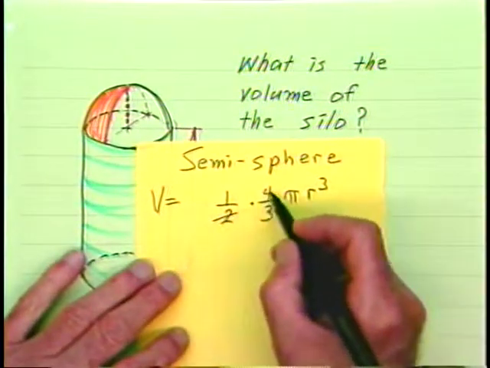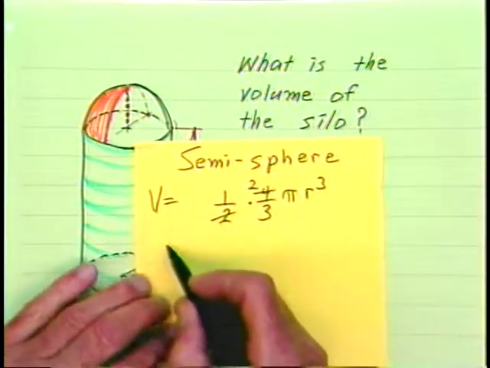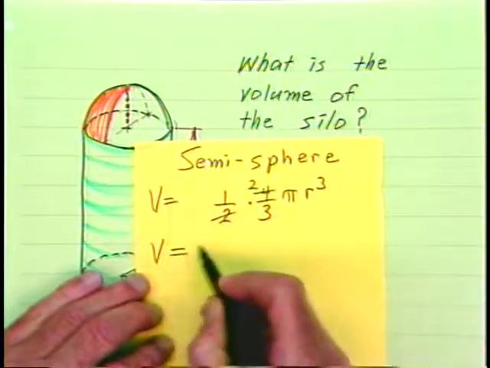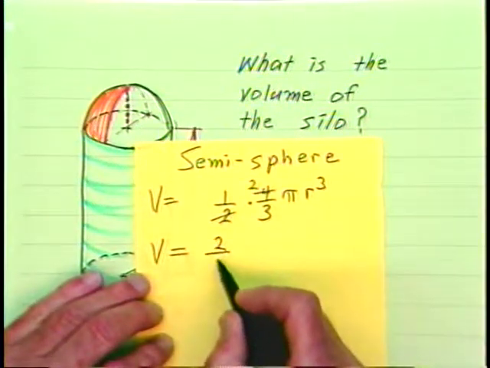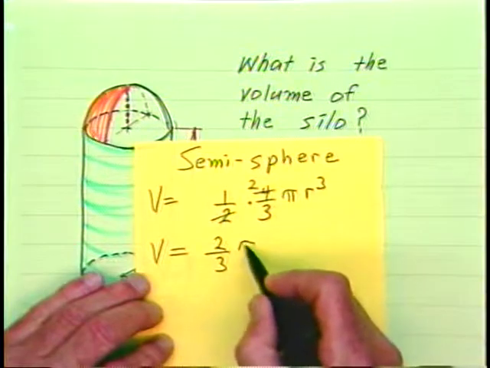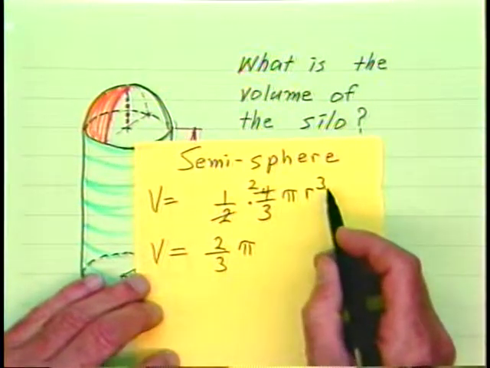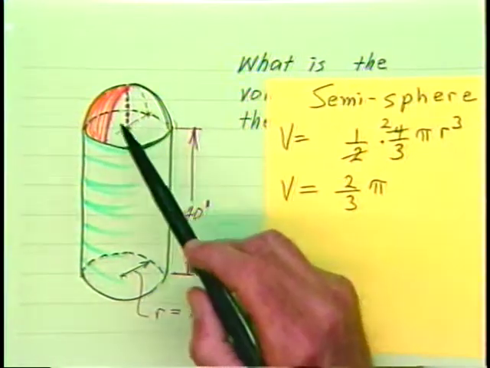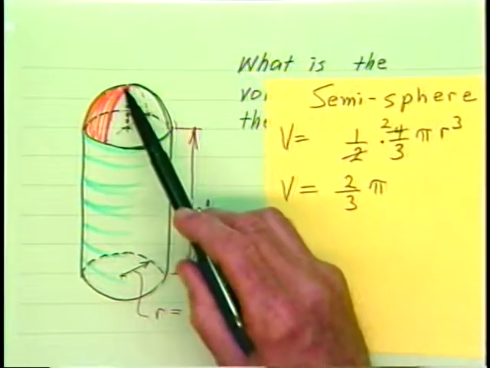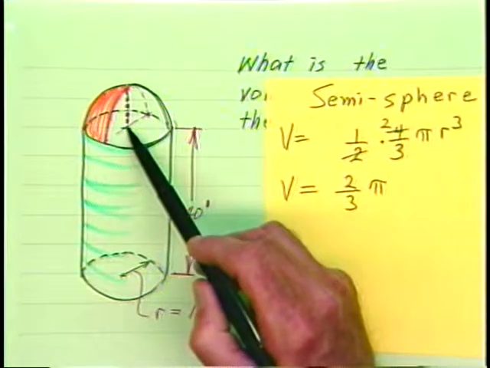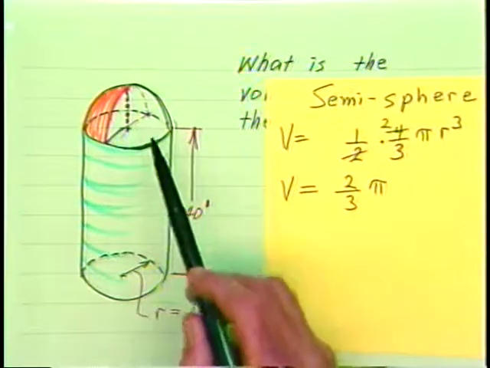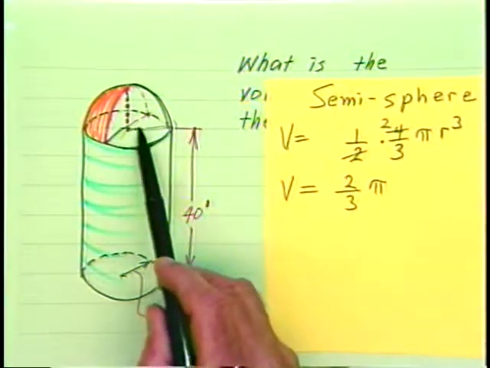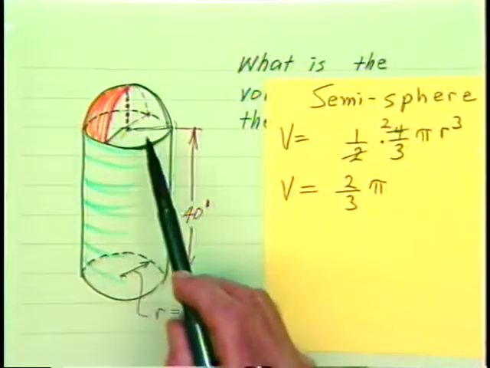And of course, you might notice here is an obvious cancellation that I might as well do. So I have 2/3 times pi times the radius of this semisphere. But the radius is the distance from the center to the outer edge, which is either there or here. They're all the same because the sphere has the same radius everywhere.